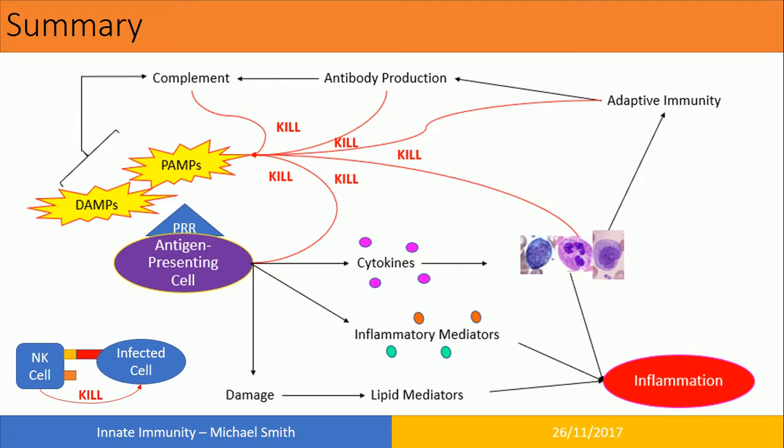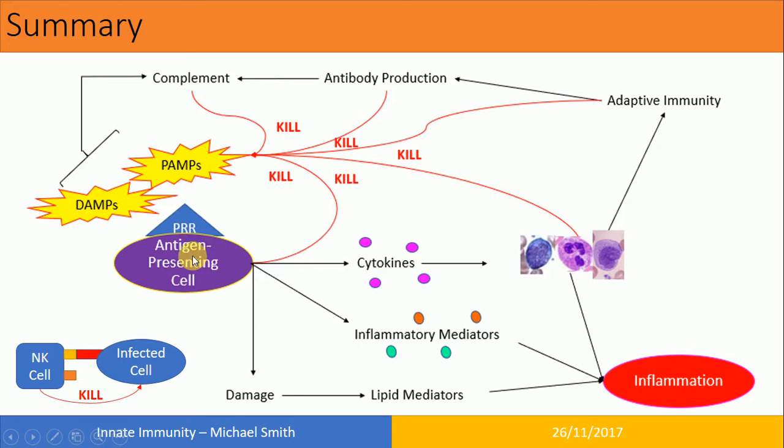So this slide is designed to act as a summary of what happens in the immune system. So we have our pathogen-associated molecular patterns or disease-associated molecular patterns, and they're recognized by our antigen-presenting cell with its pattern recognition receptor.